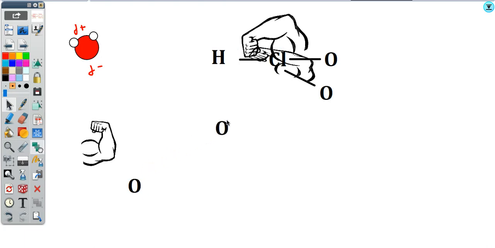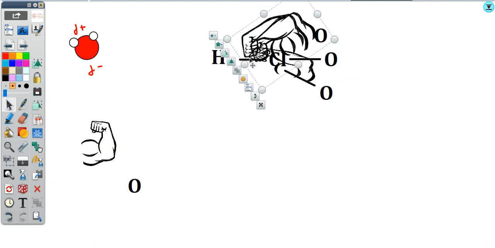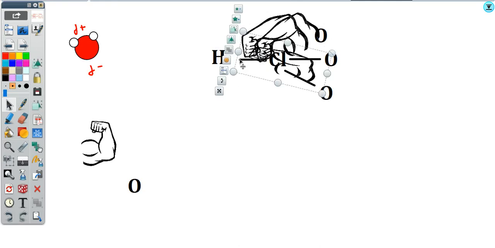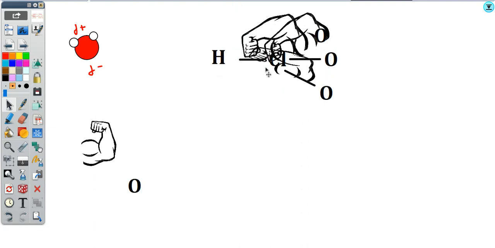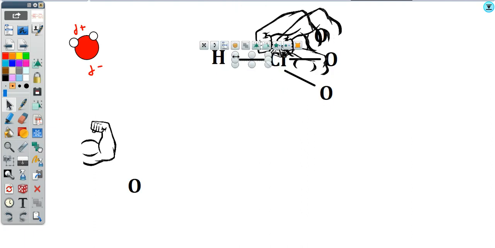And as you add more and more oxygens, even though it's not directly bonded there, again, it's pulling on that bond, pulling on these electrons, and making it even easier for the hydrogen to get pulled away, right?